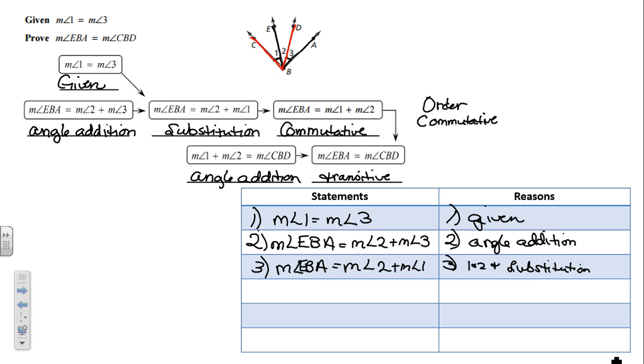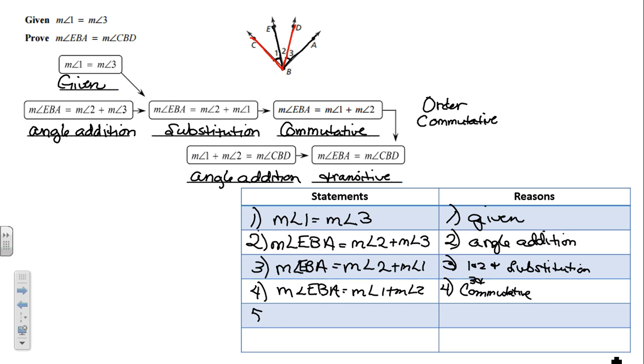I use those two statements along with substitution to do that. And then the next statement would have been EBA is 1 plus 2, by changing the order, so commutative property. We use statement 3 and commutative.